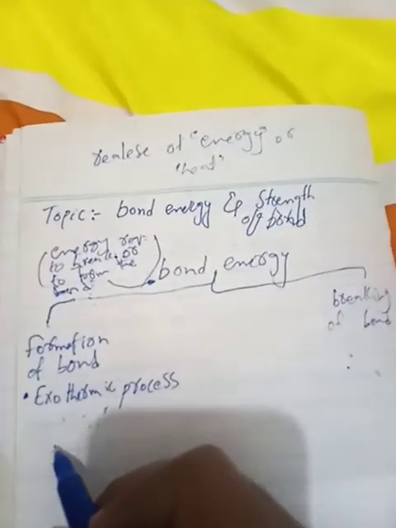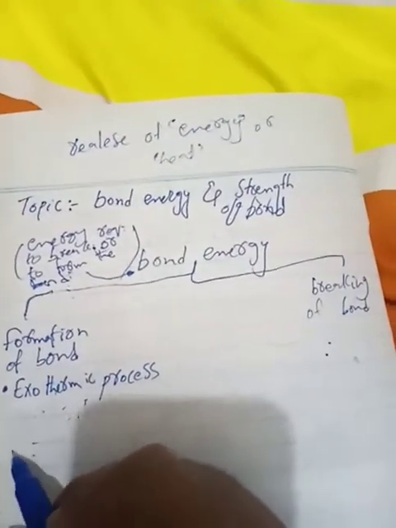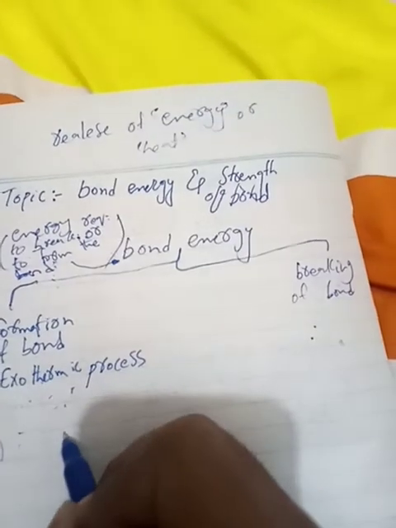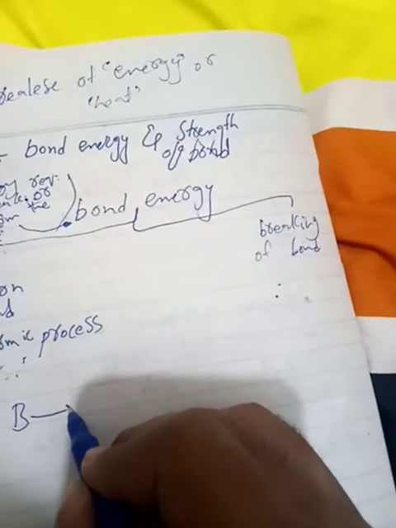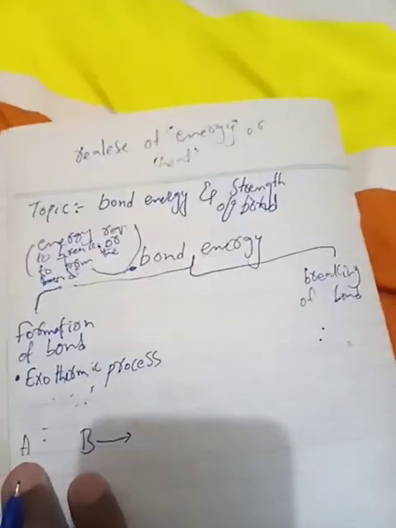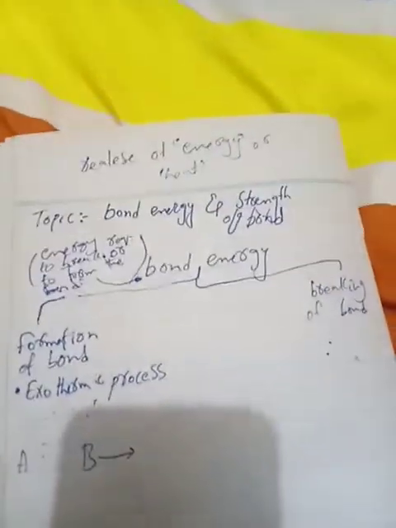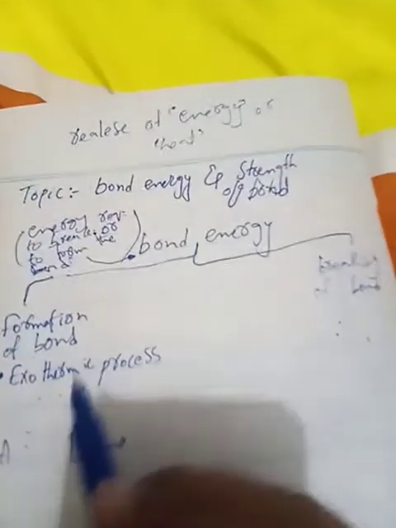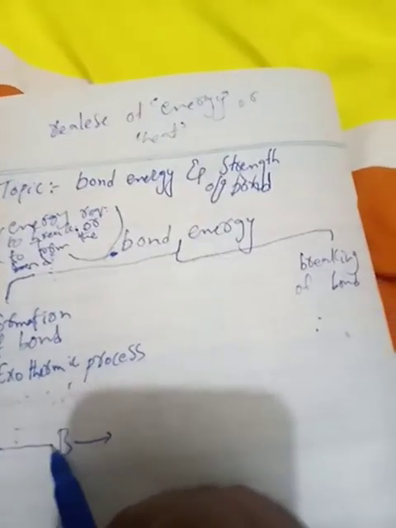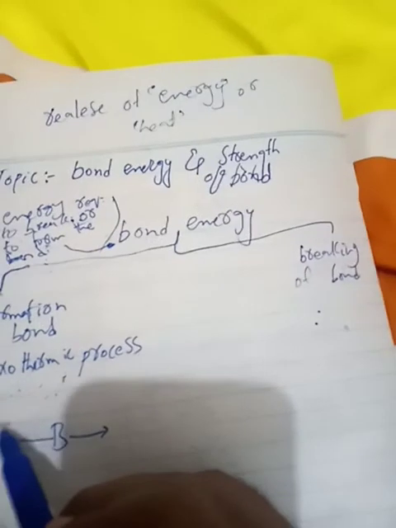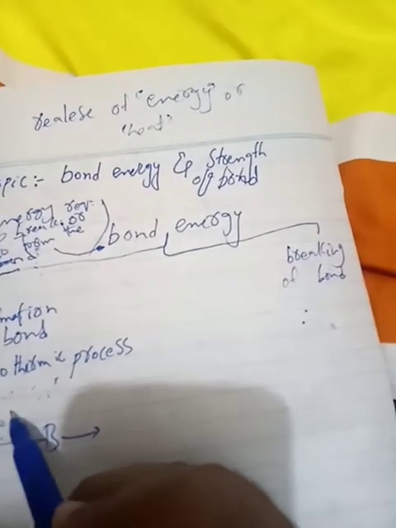Okay, so here, formation of bond, for example, A atom and B atom. They want to form the bond. First of all they will form it in three steps. For example, they are at a distance of 5 angstrom.